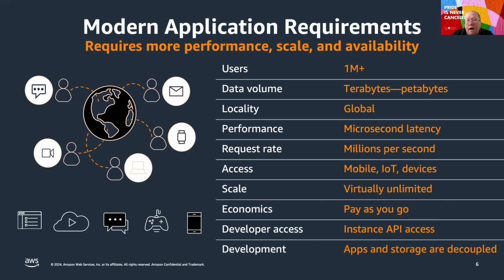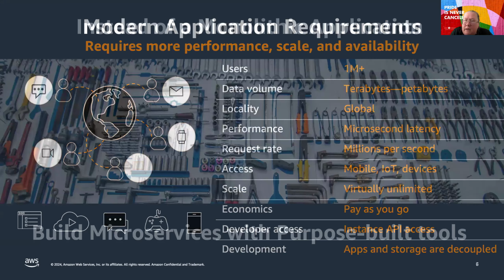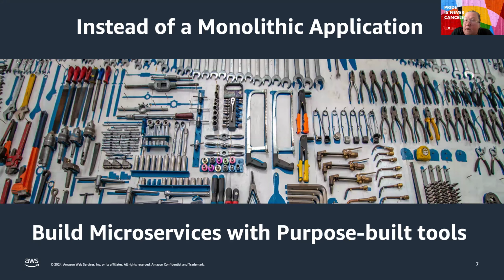A few things about modern application requirements. Everything should be an API, so there should be instant API access to the environments and infrastructure, and also decoupling the components out of the monolithic application approach. We are going to talk about purpose-built tools, and today it's going to be about purpose-built databases.